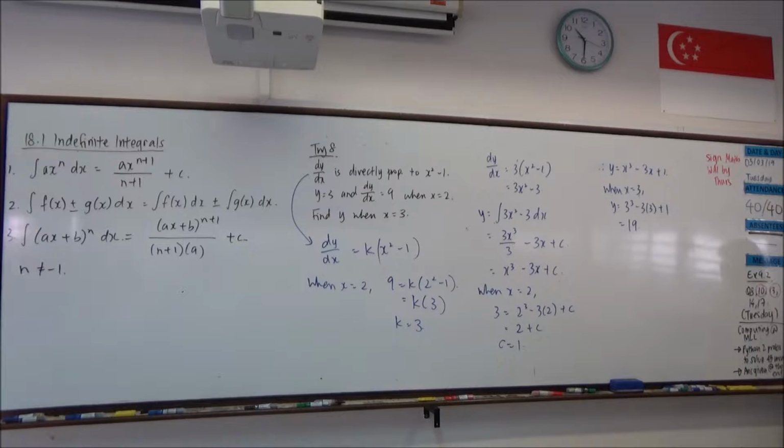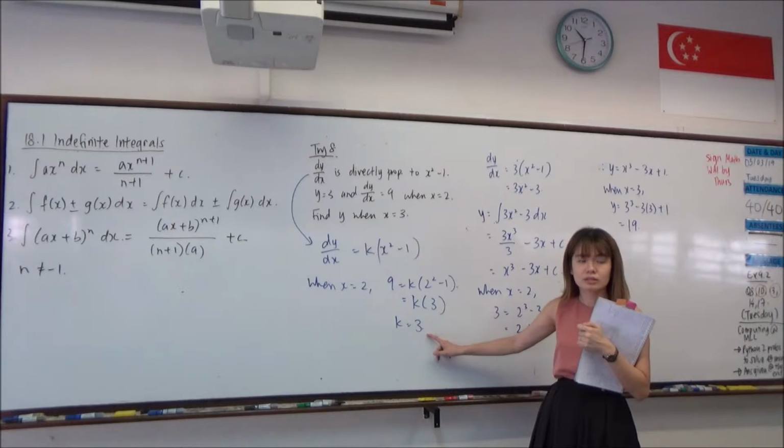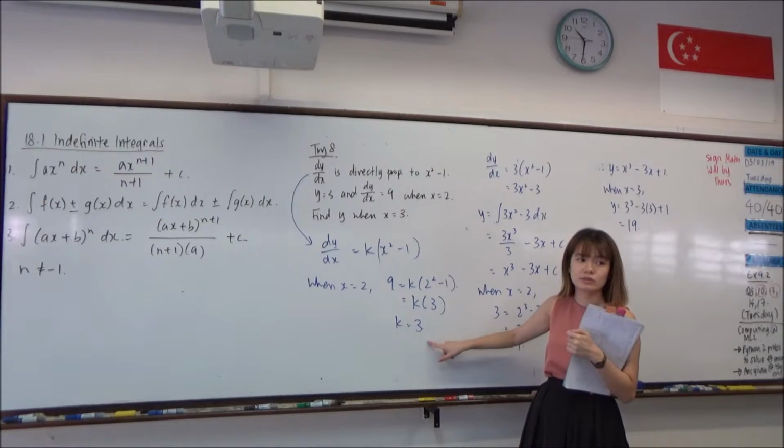Any questions here? Because you find that k is 3. Do you know how the k comes from? Because it is directly proportional. So k equals 3.